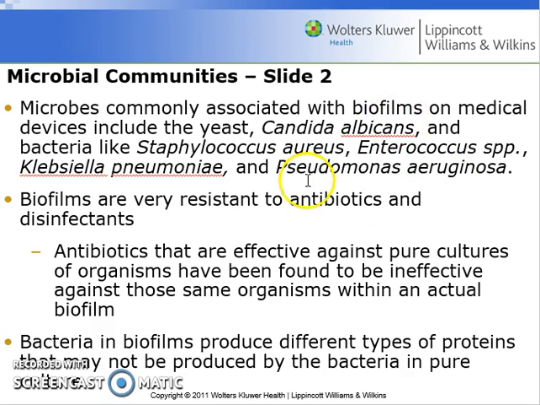And then Staphylococcus aureus, which I've already talked about, some Enterococcus species, and then Klebsiella pneumoniae, as well as Pseudomonas aeruginosa. So there are some different species, and many of these are considered to be very pathogenic organisms. Pseudomonas aeruginosa could lead to the development of different eye infections. Klebsiella pneumoniae can affect the tissues in a lot of regions of the body.